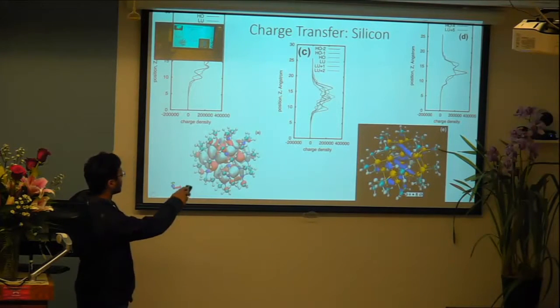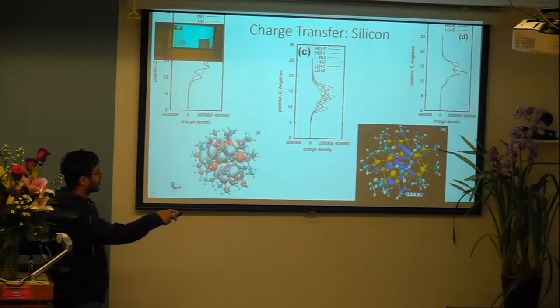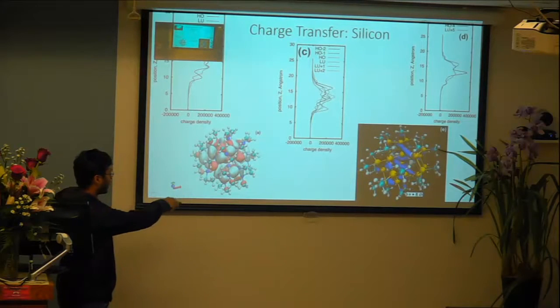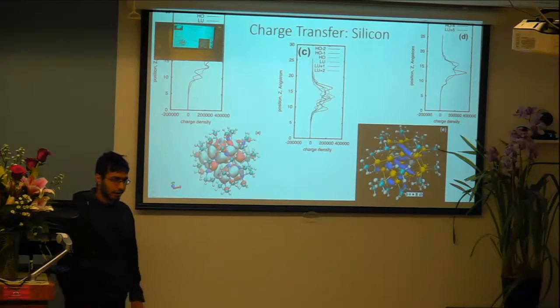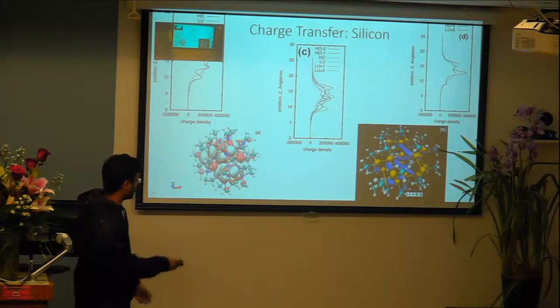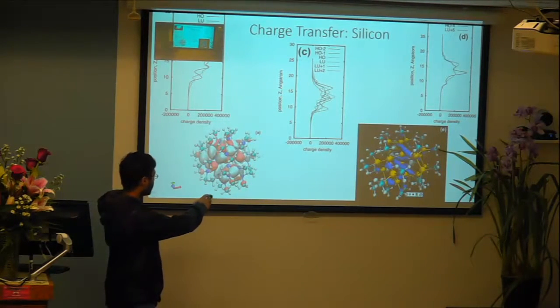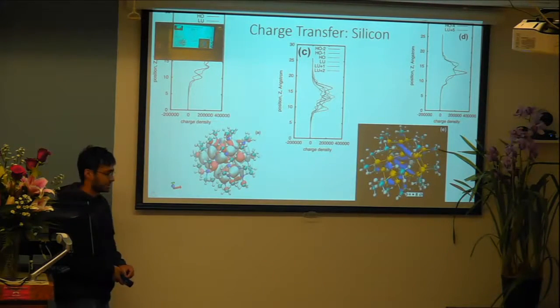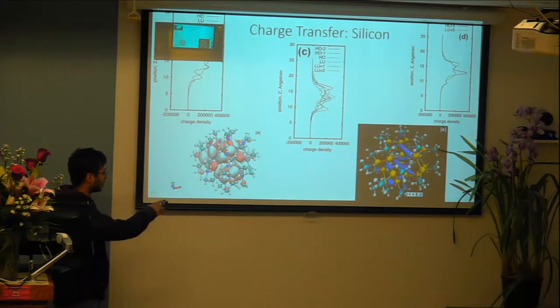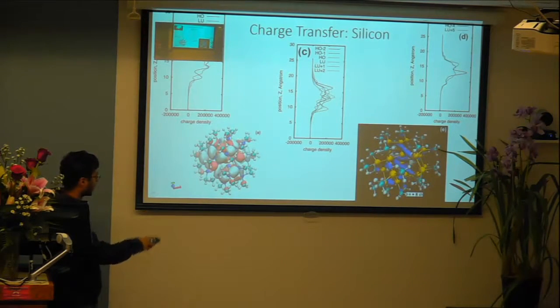And here on this slide, you can see a couple of charge transfer plots. On the left-hand side, these are the charge transfer plots for the HOMO and LUMO orbitals. And then on this model on the lower left-hand side, the HOMO orbital is represented by pink, and the LUMO orbital is represented by gray.